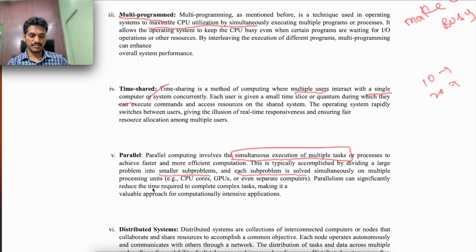Each sub problem we give to some computer, and it executes and gives the output for that sub problem. At the end we combine all those results. That is parallel. Remember, the only thing is simultaneous execution. You need to write this keyword, simultaneous execution.